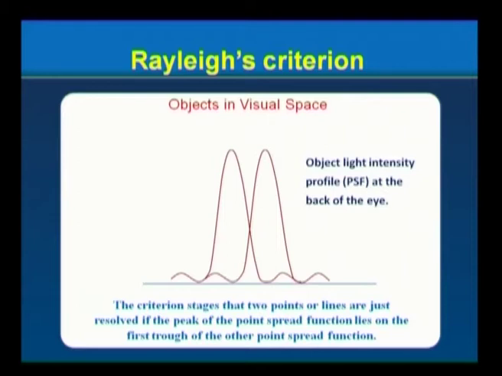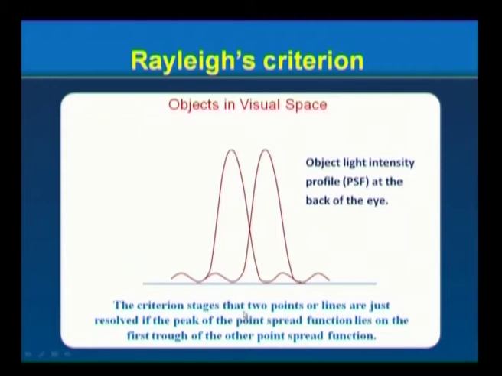Now you come across what is called Rayleigh's criterion. Rayleigh gave a criterion, even though it is ad hoc. He said that two objects can be seen as two distinct objects only if the humps are separated enough.